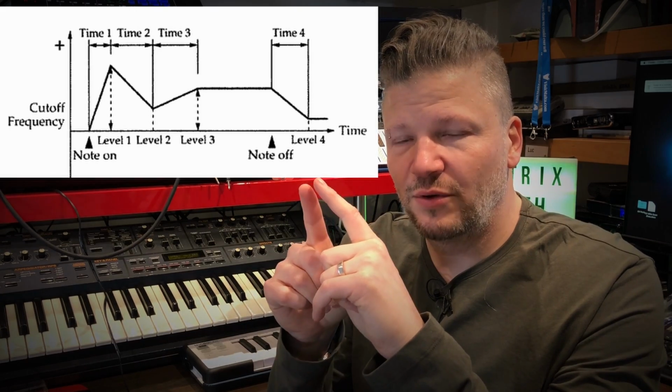Then from level 1, you take some time to go to another level, and so on. So there's always time 1 level 1, time 2 level 2, time 3 level 3, time 4 level 4, and release. And again, in software synthesizers, in some cases you can have 64 different times and levels. So it can be very complex.